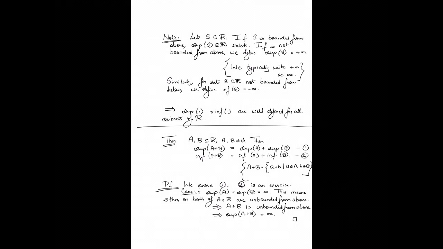Okay. So now let me move on to the more non-trivial case. Case 2 is that both sup of A and sup of B belong to R. Now I need to show that sup of A plus B is still equal to sup A plus sup B, both of which are real numbers.